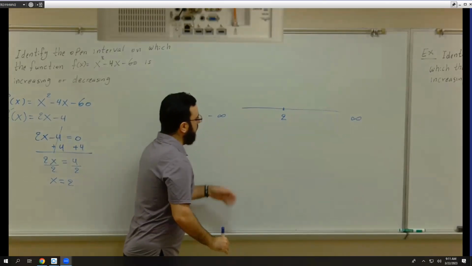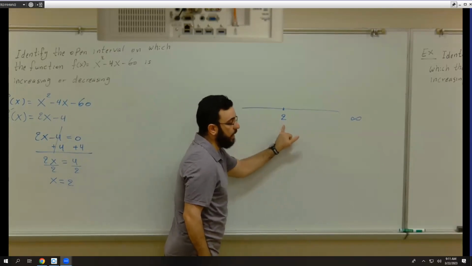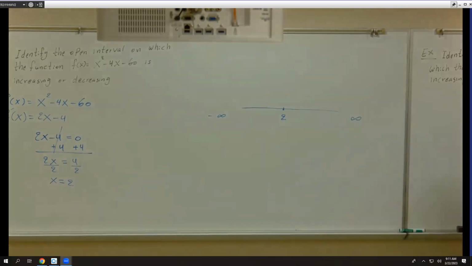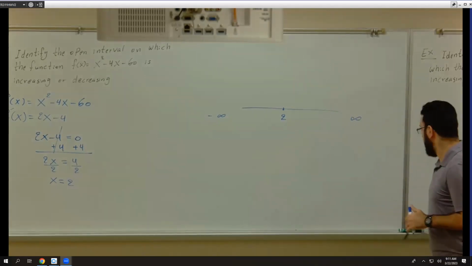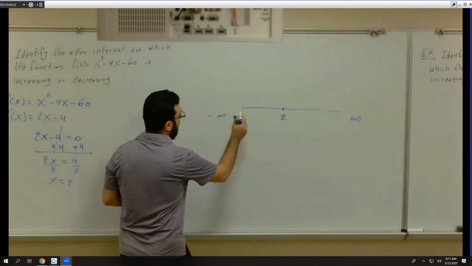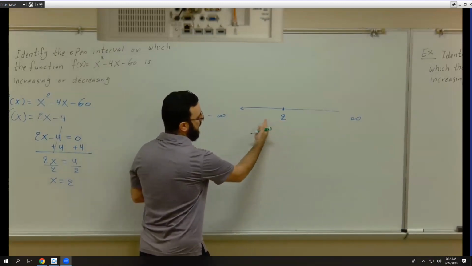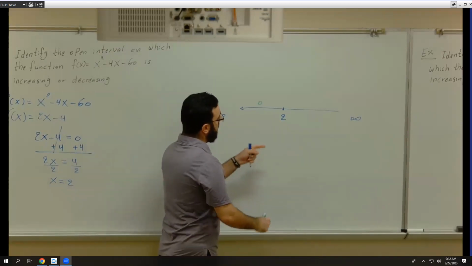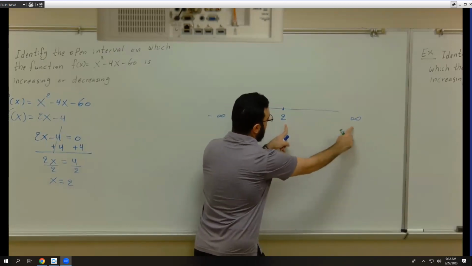I need to test my function on this side, from negative infinity to the critical number, to see if it's increasing or decreasing. That's why I'm going to use the first derivative test, where you choose any number on this side. Easiest one, less than 2, I'm going to choose the 0. Then I'm going to choose any number between 2 and infinity. Let's choose the 3.